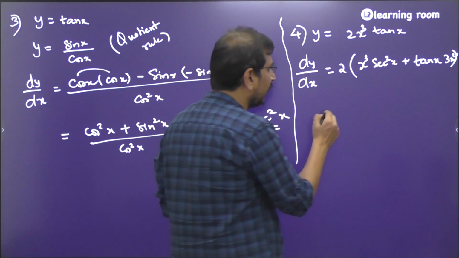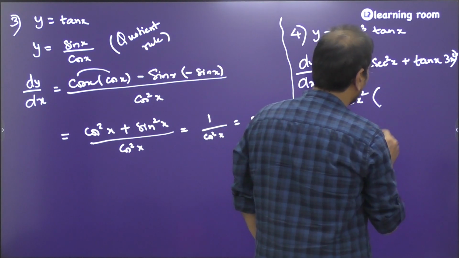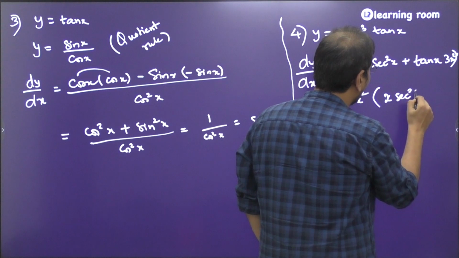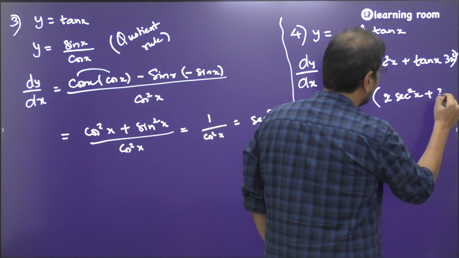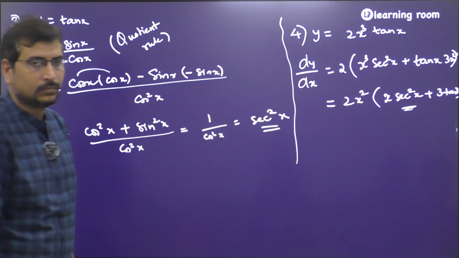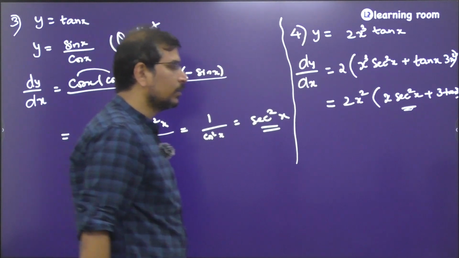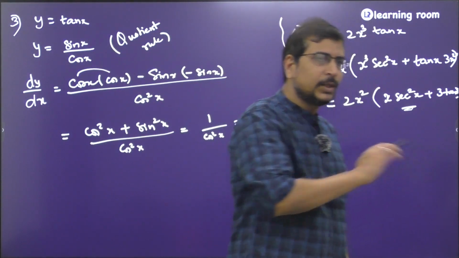So the answer is going to be, if I take x square outside, 2x square into x secant square x plus 3 tan x. That's it. I'm not saying this is how you need to write; without the bracket, you can write also, it is correct.